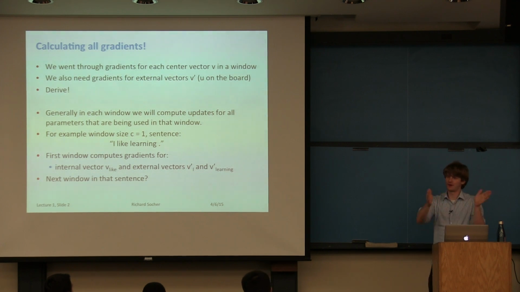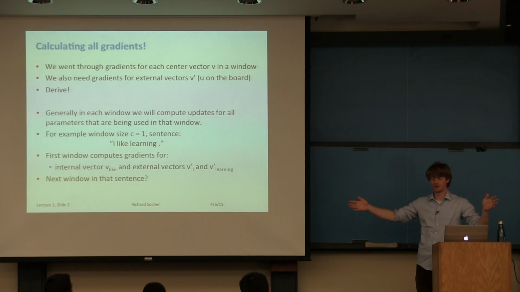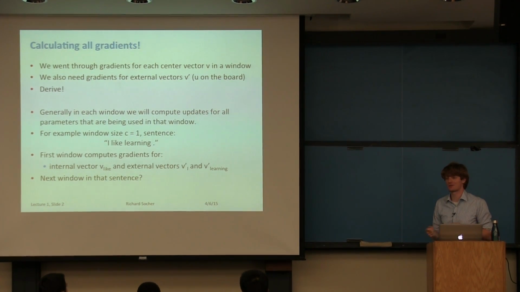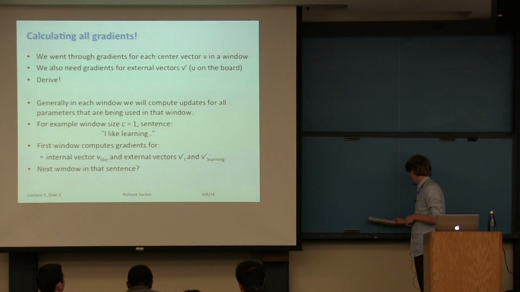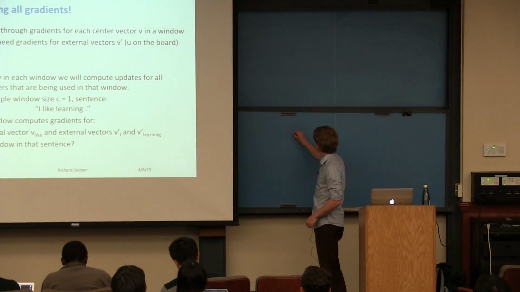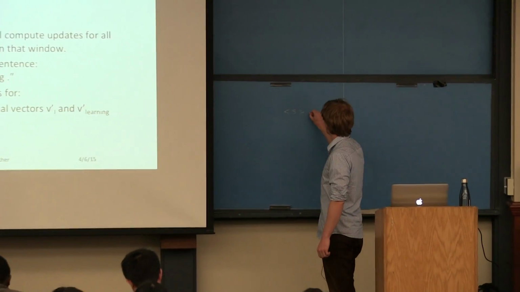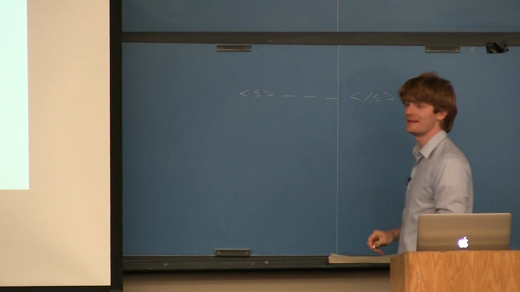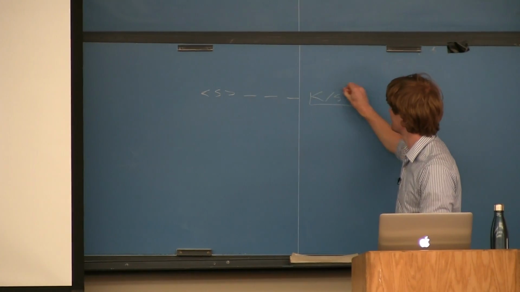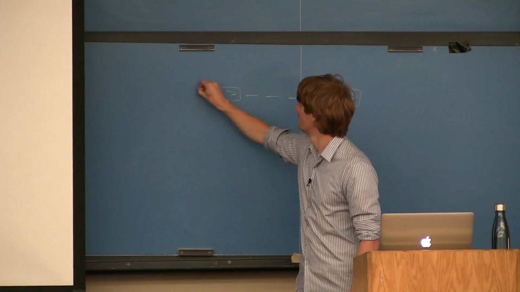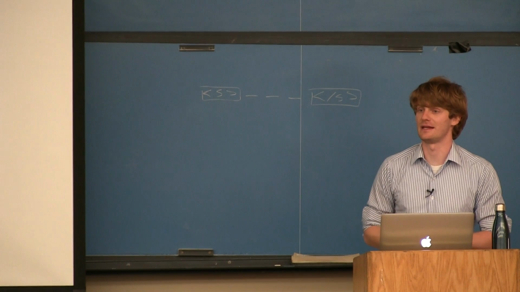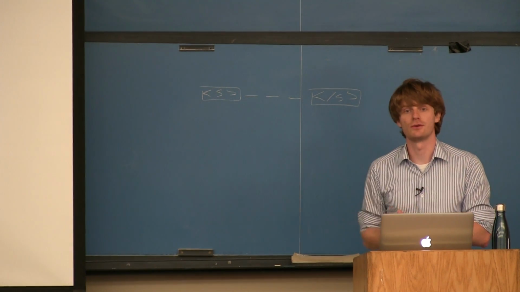If you have often very short sentences instead of very long documents, you would ideally like to train on the very first word and the very last word too. So what we would often do is pad the sentences: we have a start token, then the words, and then an end token of the sentence. That way that token will get its own vector, with an inside and outside version, and then we can train on all the vectors. It's a great question.